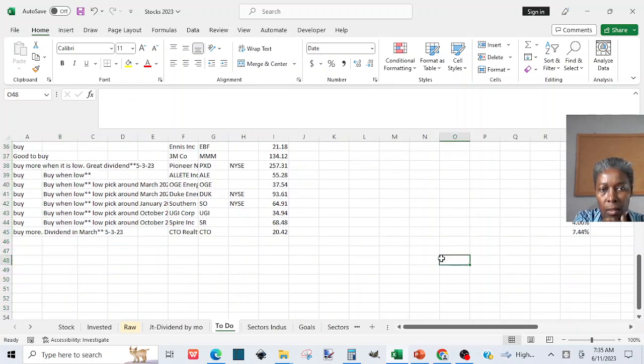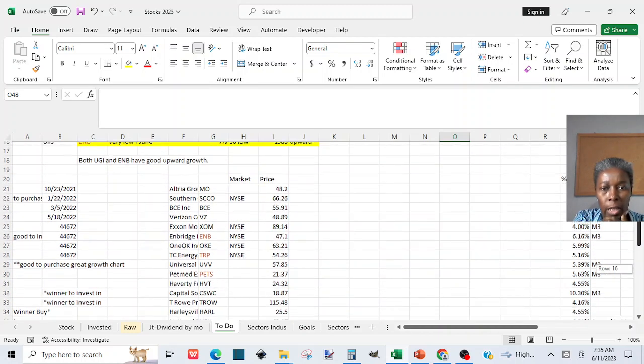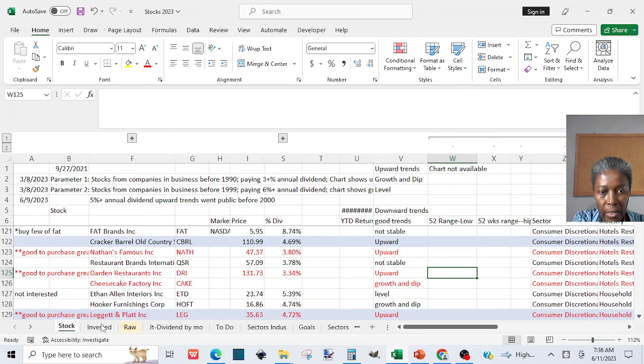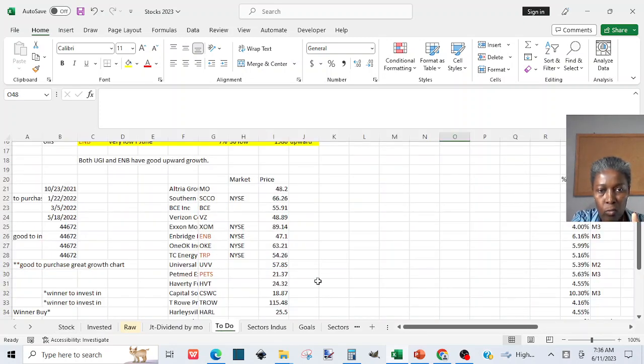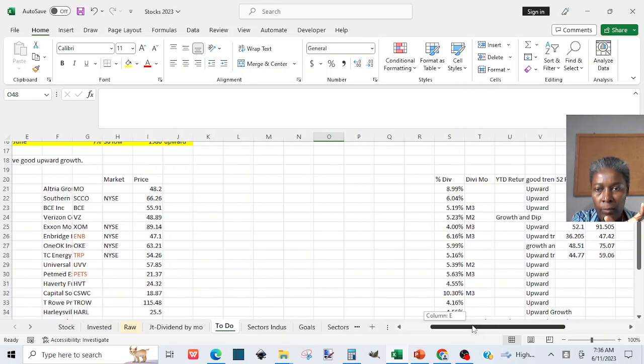Okay, I didn't have all the data there, but anyway, so later I pull the information from the stock master sheet to here, so that I can narrow some down.